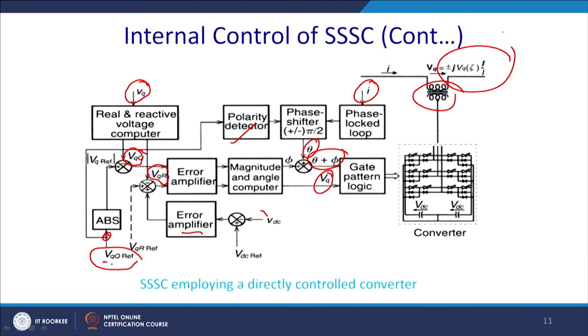So, this is the principal operation of the direct controlled SSSC, and it is the sophisticated and most advanced series compensator. It compensates very accurately the amount of reactive power, and it can also inject the amount of VQ required for different purposes of operation.